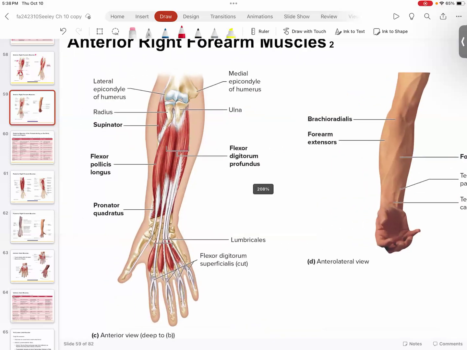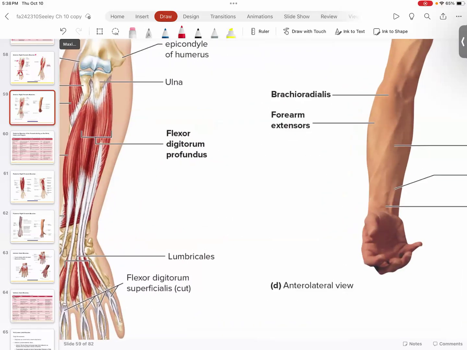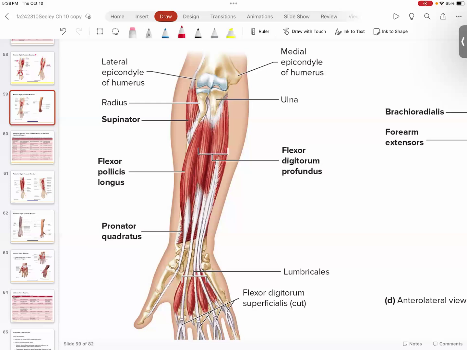And deeper to that, you'll see your flexor digitorum profundus, which is this trio of tendons that attaches to the three lesser fingers. And then this one right here will attach to the index finger.